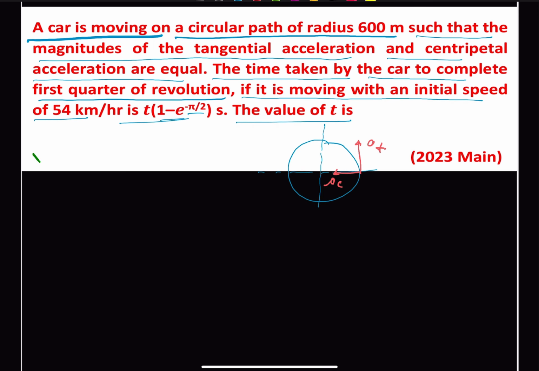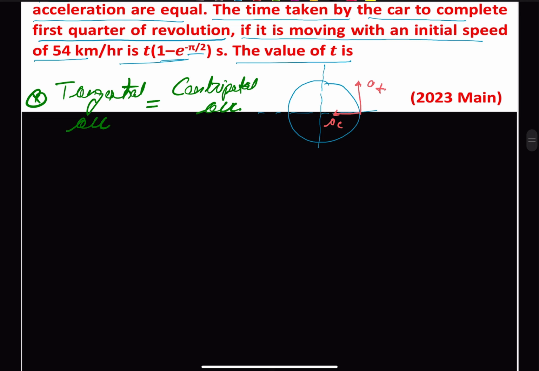So we are given that our tangential acceleration is equal to centripetal acceleration, or we can say that our A of t is equal to A of c, and we know that our A of c will be equal to v square upon r, and our A of t is equal to dv upon dt.